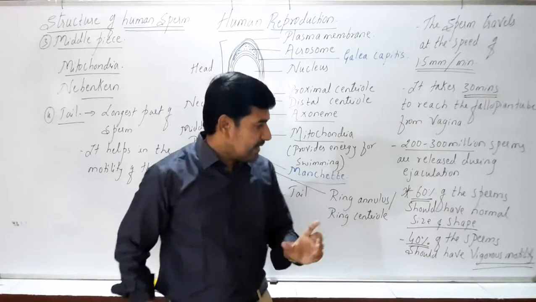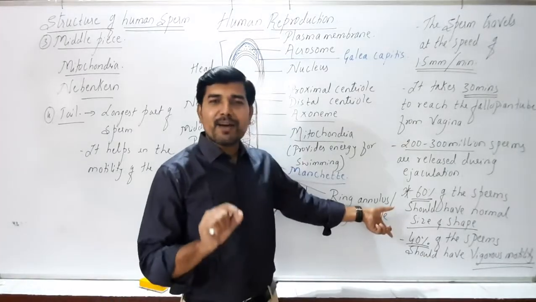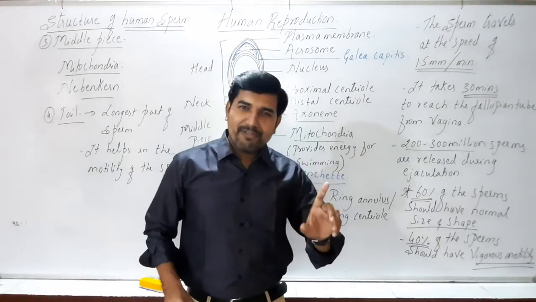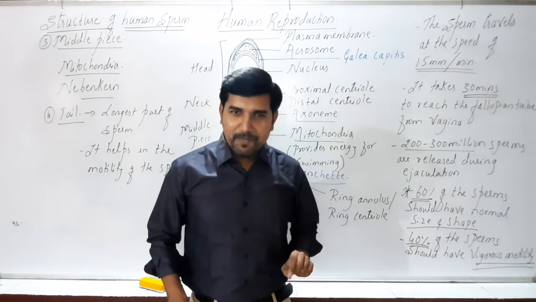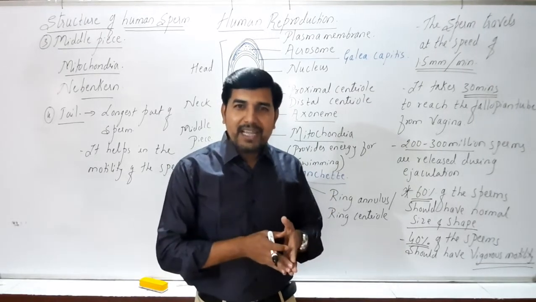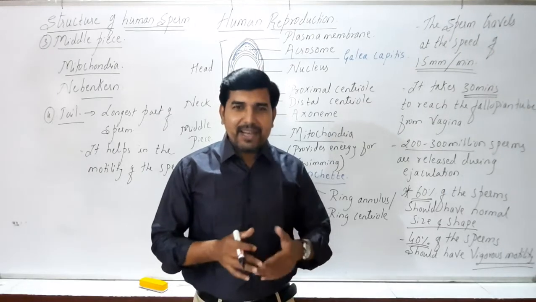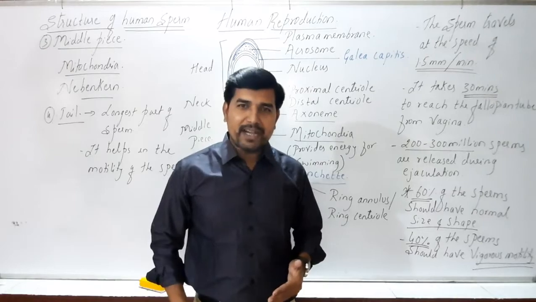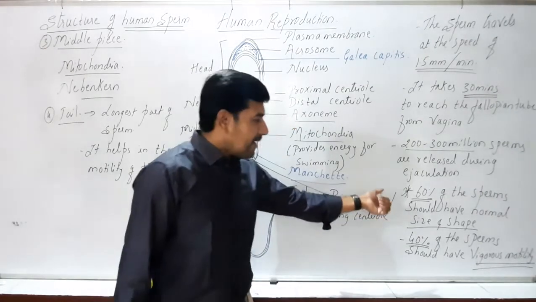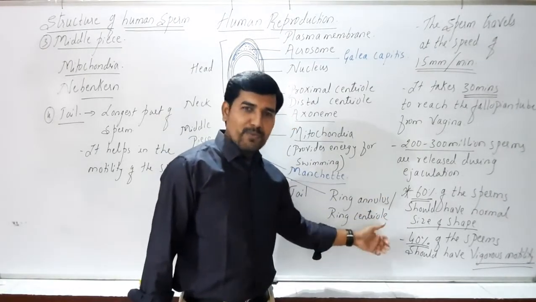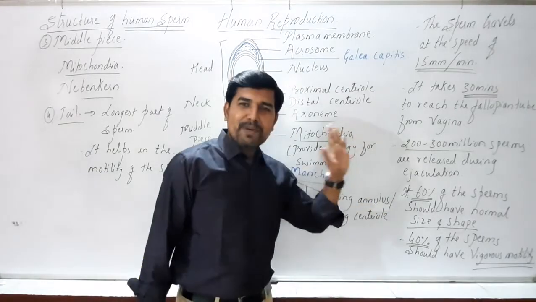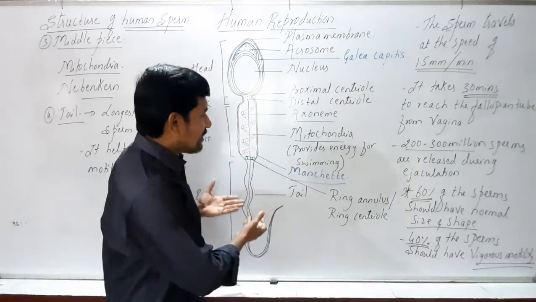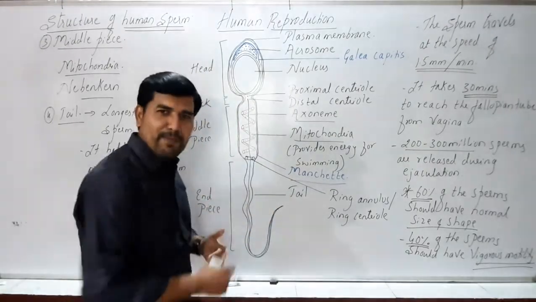They should show this. Suppose if these conditions are absent in the released sperm, then it becomes the reason for male infertility, where the male cannot fertilize the egg and the female cannot become pregnant. And hence, this is the major condition of the sperms. When the sperms are released, 60% of the sperms should have normal size and shape, because some of the sperms which are produced may be abnormal.